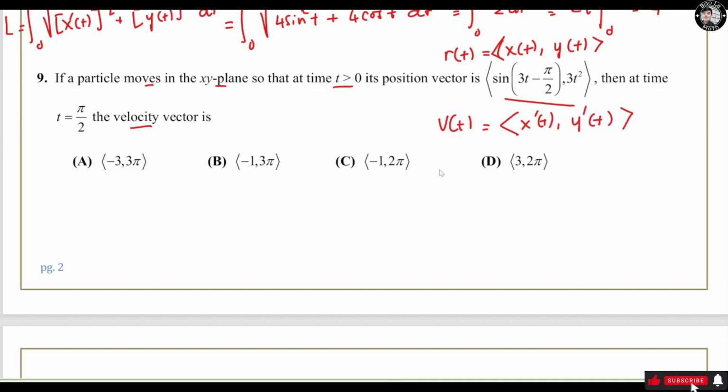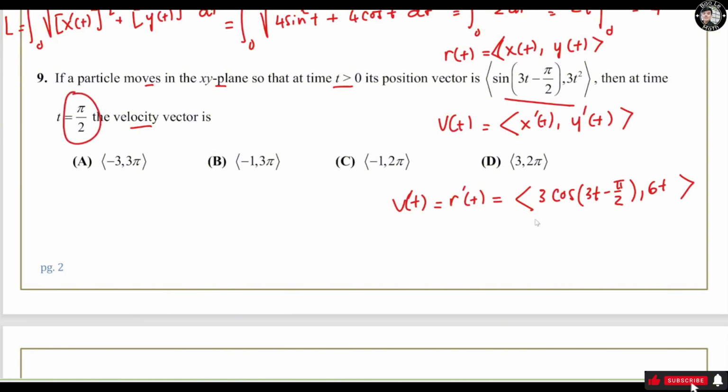Now we take the derivative of this one, so we have v of t is going to be r prime of t is going to be 3 cosine of 3t minus pi over 2, right? Comma 6t, right?